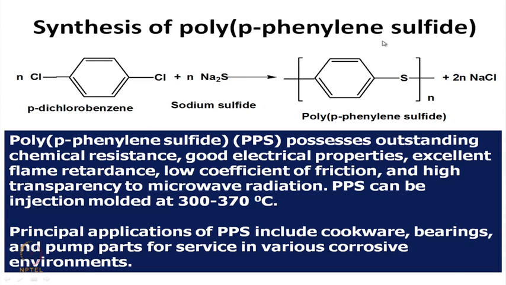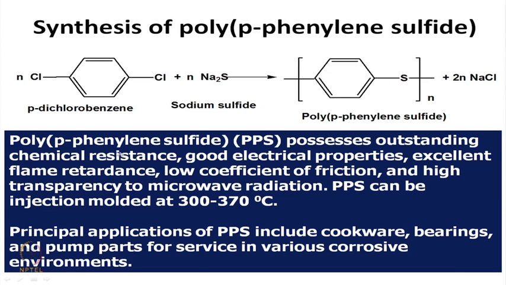Polyphenylene sulphide can be synthesized by reacting para-dichlorobenzene with sodium sulphide. Sodium sulphide condenses with this para-dichlorobenzene monomer and forms polyphenylene sulphide.